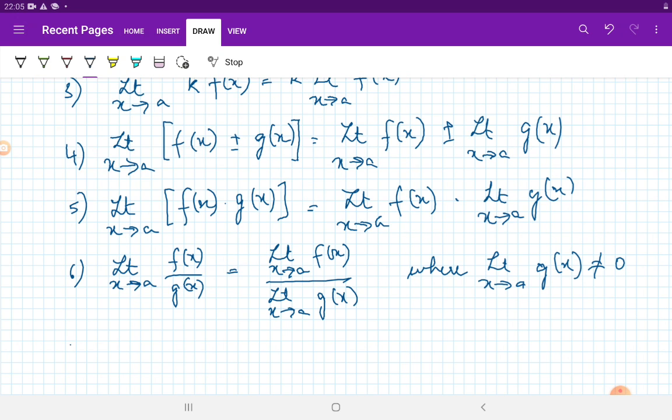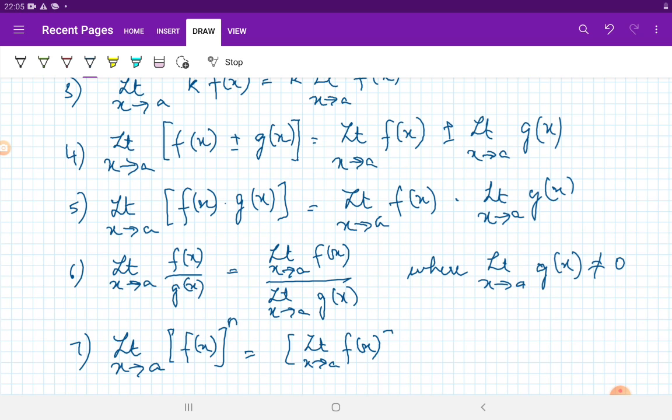Finally, the seventh rule says if you have limit x tends to a of a function of x raised to the power n, whole raised to the power n, that will be the same as the limit of the function at x tending towards a, whole raised to the power n, where n is a positive number.